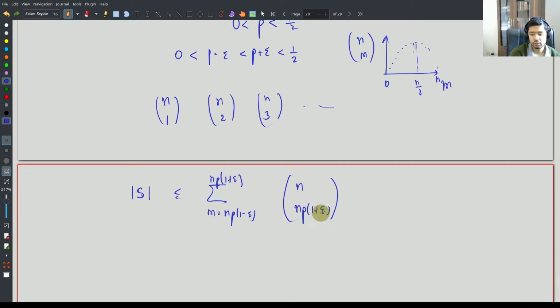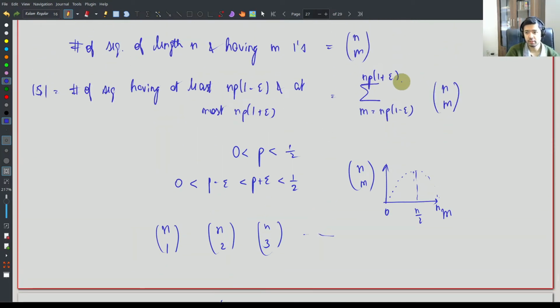Okay. So the point is that n choose m is an increasing function of m as you vary m from 0 to n by 2. Look at the range over which you are varying m in this particular summation: m goes from np(1 - epsilon) to np(1 + epsilon), and the assumption is that p plus epsilon is less than half.